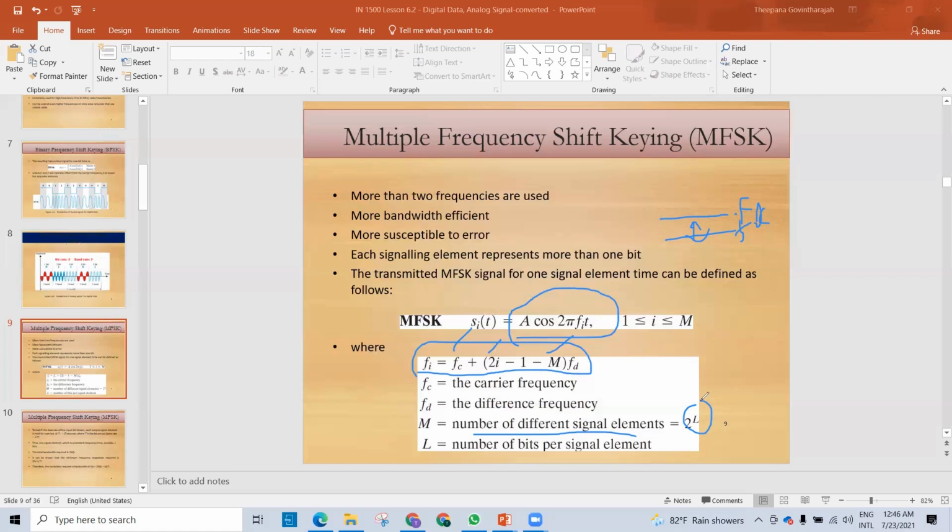If one signal is represented by 3 bits, then 2 to the power of 3, 8 different signal elements are possible.